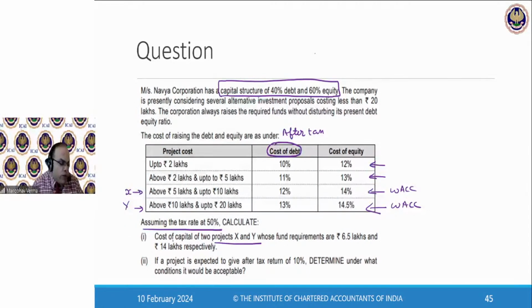The second part of the question, though, is also very, very interesting. If a project is expected to give after tax return of 10%, determine under what conditions it would be acceptable. It is expected to give a return of 10%. Now, my point is, if you're talking about return of 10%, would you accept a project only if the return is more than the cost?